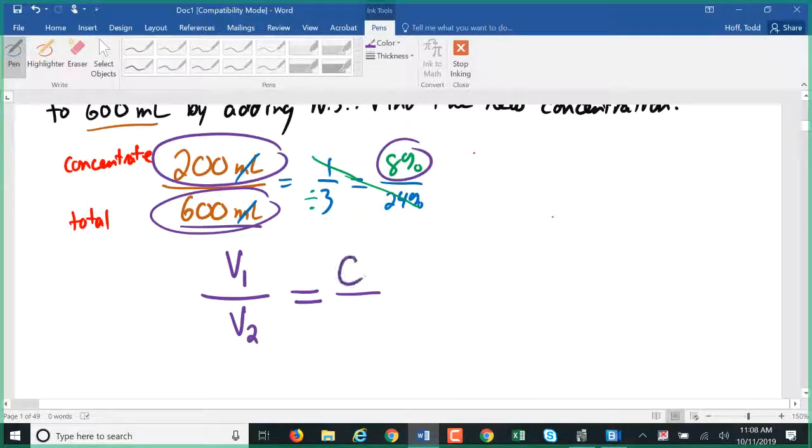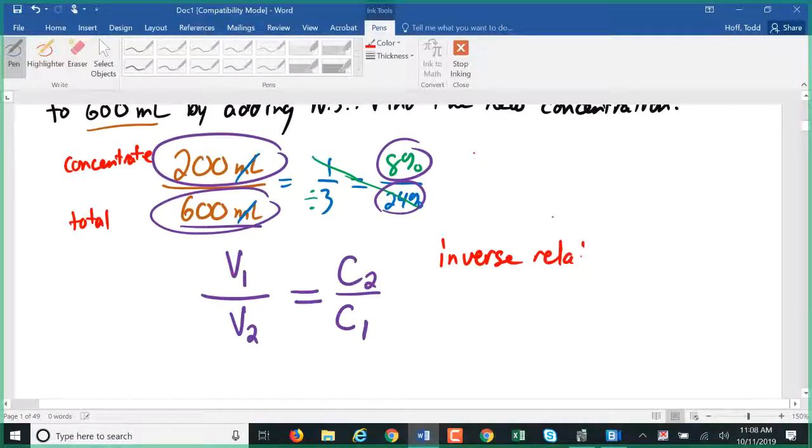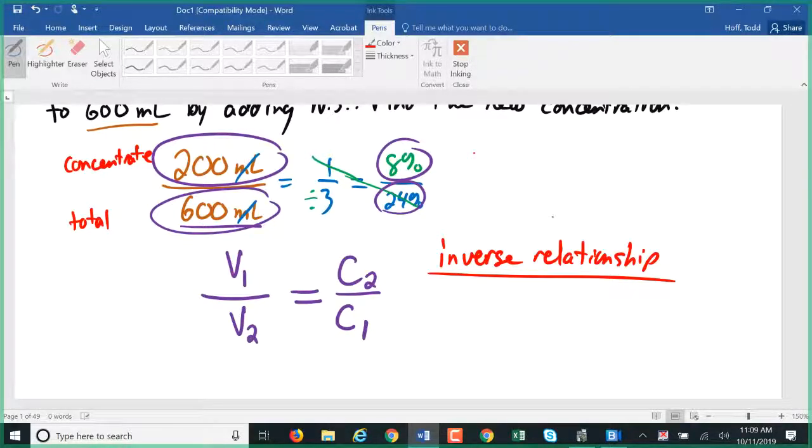That is the concentration after the dilution, C2. 24% was the concentration before, C1. You'll notice V1 and C1 do not line up. This is what's called an inverse relationship. We'll talk about inverse and direct relationships a little bit more in Unit 4 when we get to it. But all it means is when one number gets larger, in this case the volume, the concentration gets smaller.